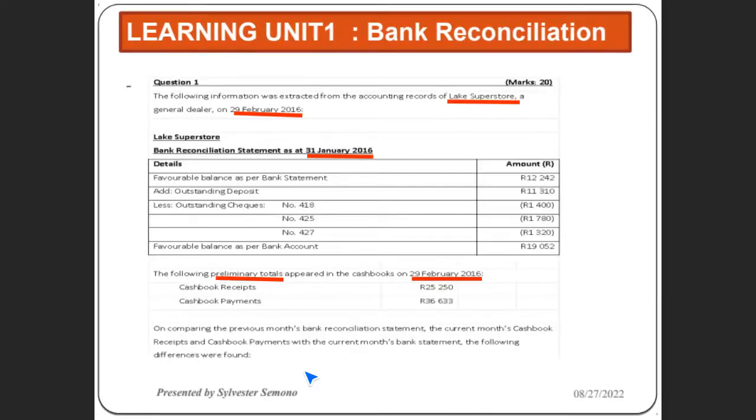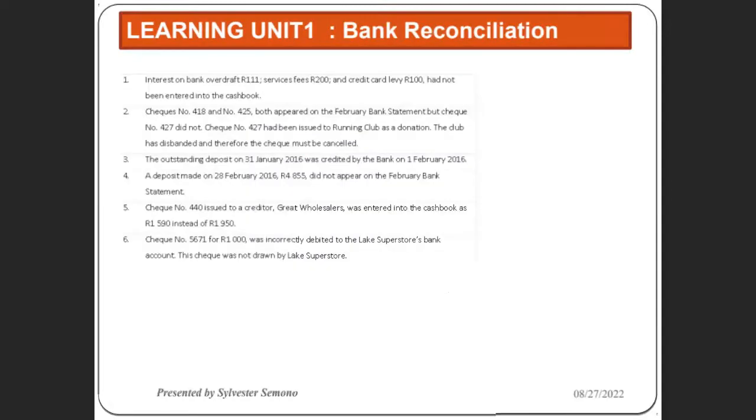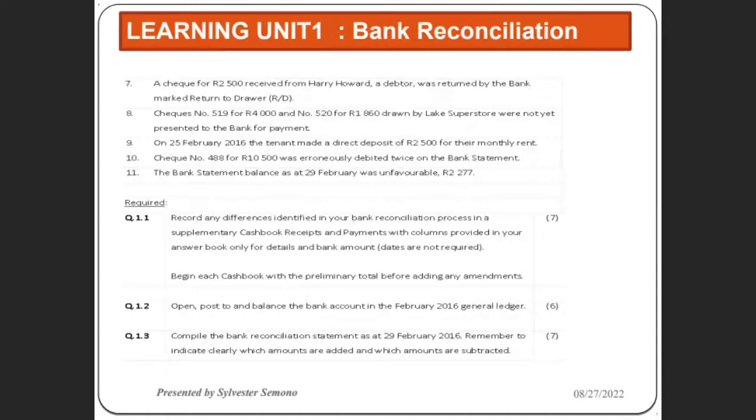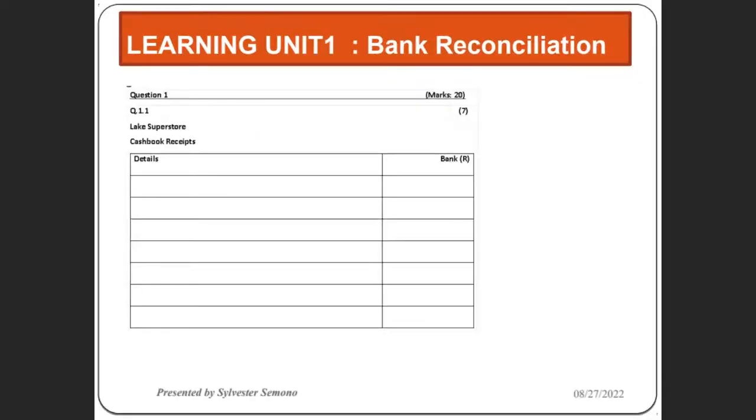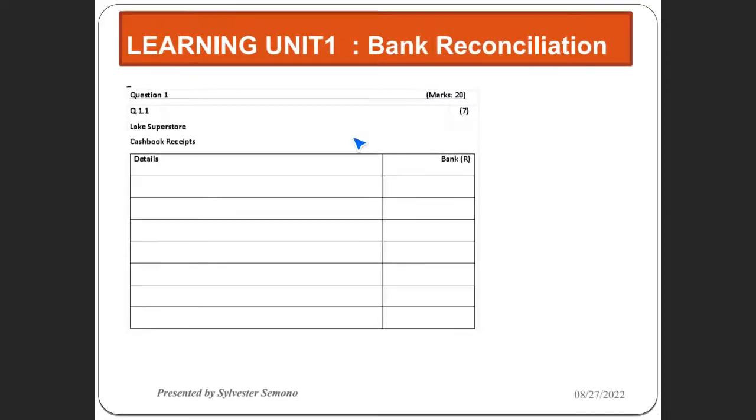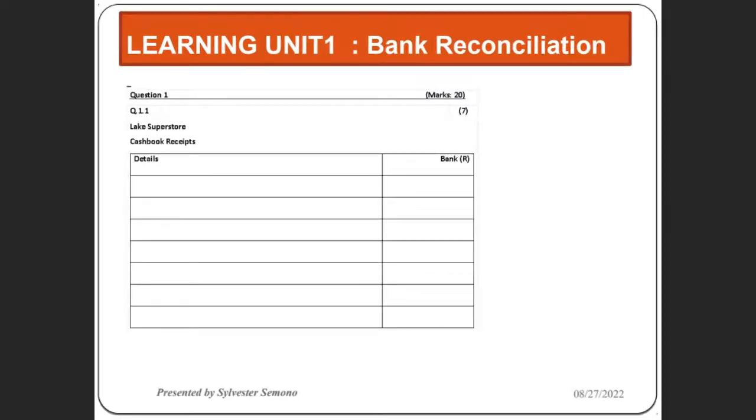I'm going to record the totals. I'm just going to scroll to the answer book. I'm going to come back to the question. I'm going to go to the answer book. For the cash book receipts, that's the first thing that I'm going to do. I'm going to say total.